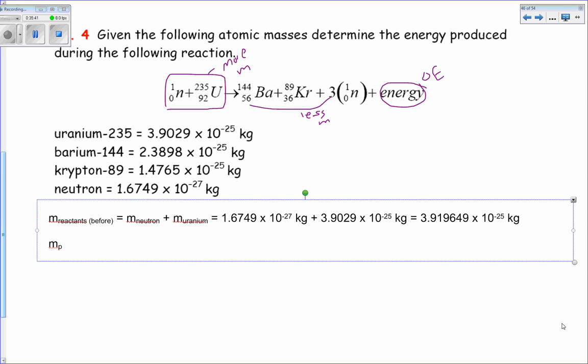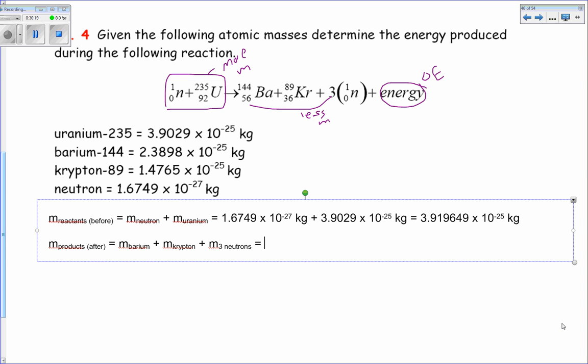Okay, and the mass of the products, which is the after, is equal to the mass of barium plus the mass of krypton plus the mass of 3 neutrons. Make sure you get that 3 in there, because it's 3 neutrons in the formula.